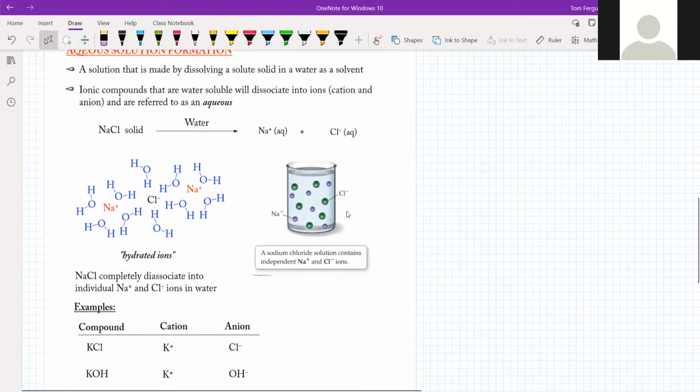Now, if it's an ionic substance, which most of the time it is, not all the time, but frequently it's an ionic solution, then the water is going to surround both the cations and the anions. That's called a hydration sphere.